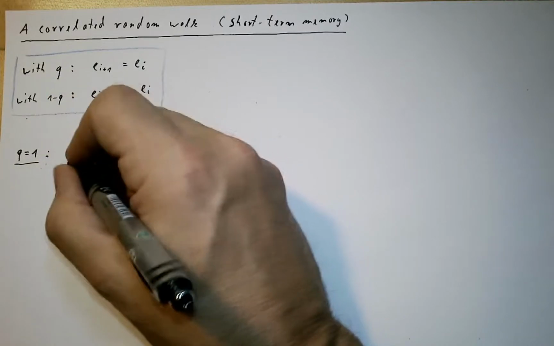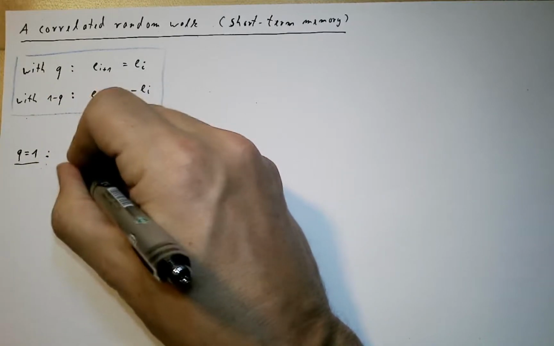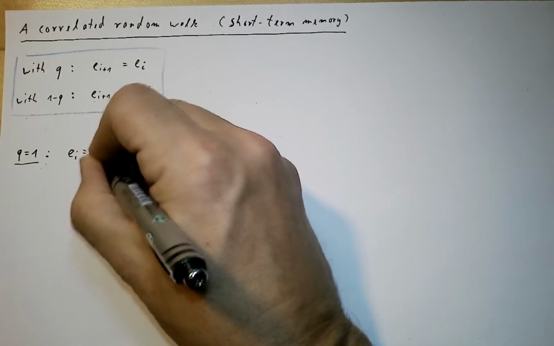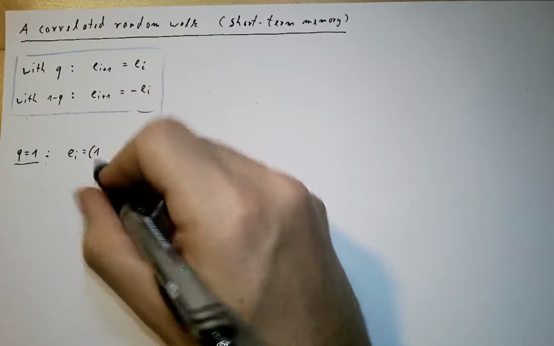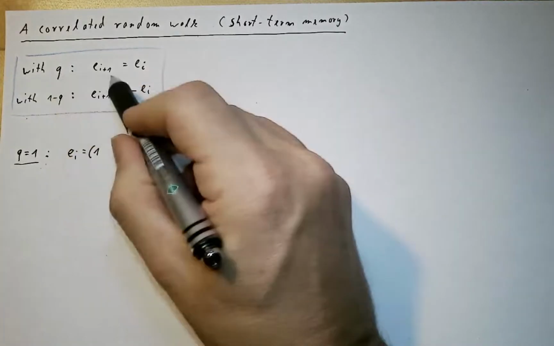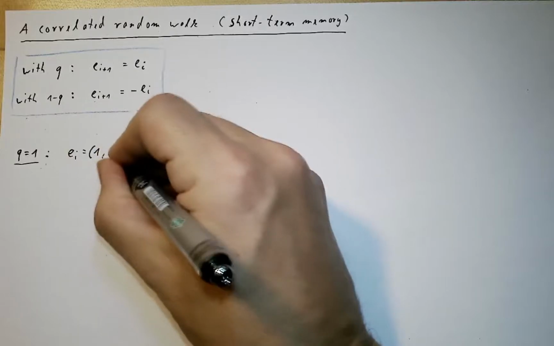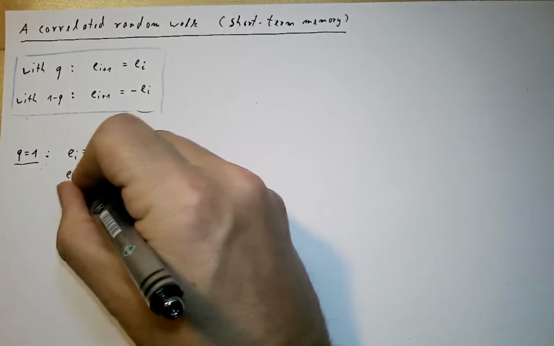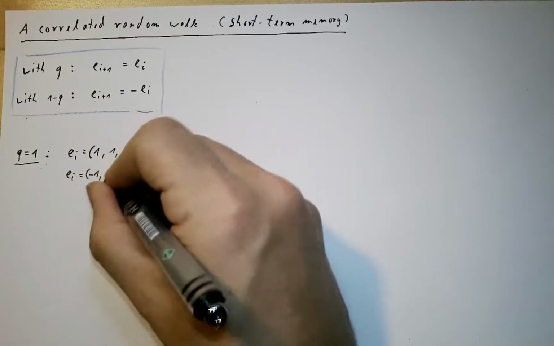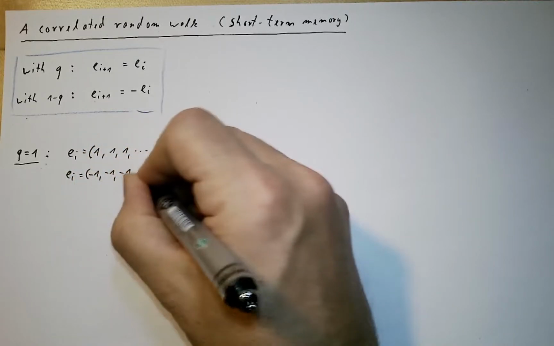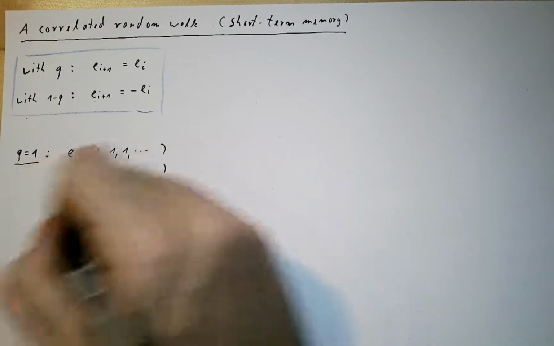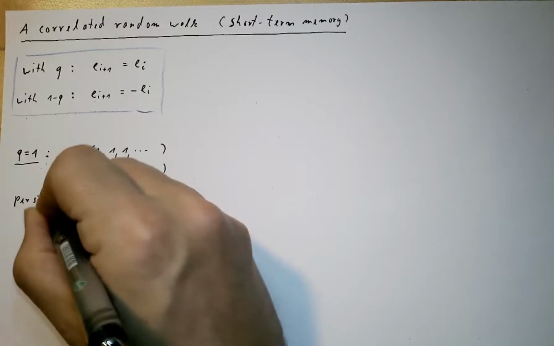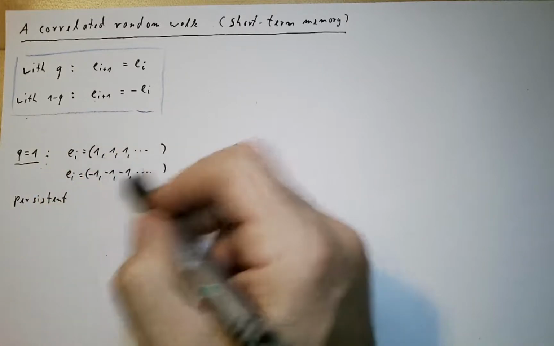Now it depends on what the increments are. If the first increment was plus 1, then all other increments are the same, so all other increments are plus 1. And if the first increment was negative, then also all further increments are negative. We call something like this persistence. Persistent. So the increments always are the same.